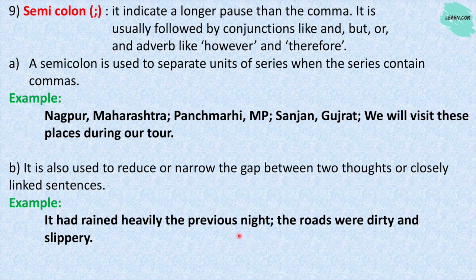The first part you can say is the reason and the second is the effect. The roads were dirty and slippery because it had rained heavily the previous night. So both the sentences are closely related, a reason and effect relation, and that is why we are using a semicolon here.